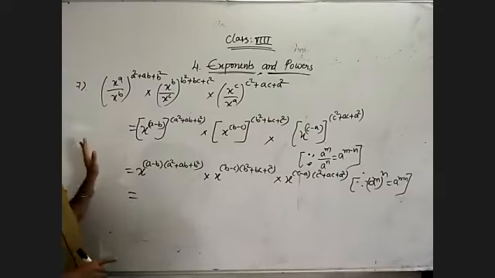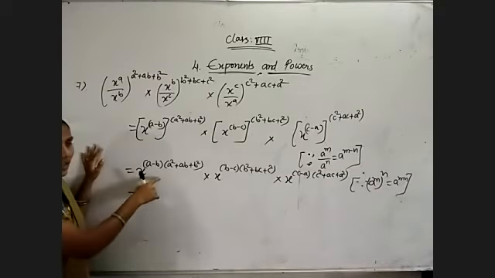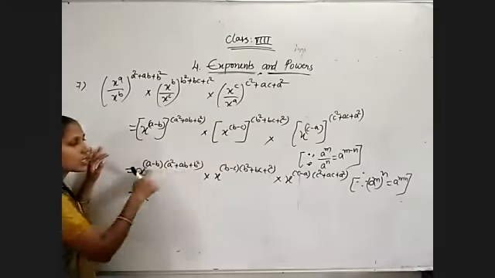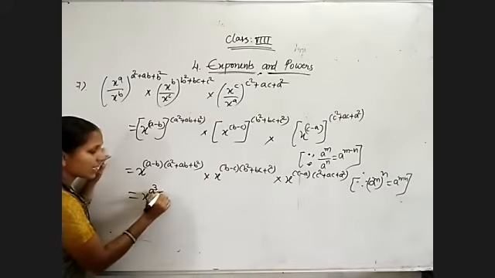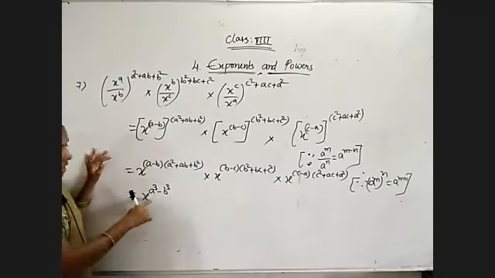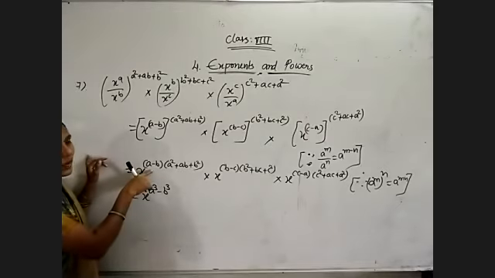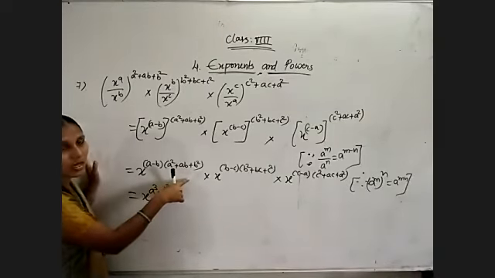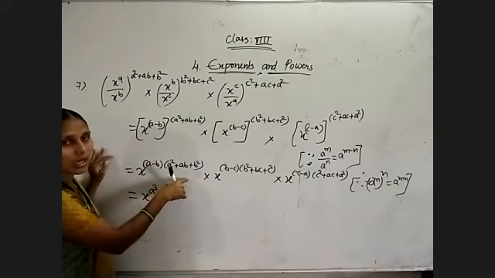All those identities we have studied. So this simplification is a cube minus b cube, which is a minus b into a square plus ab plus b square. This is one of the identity formulas.